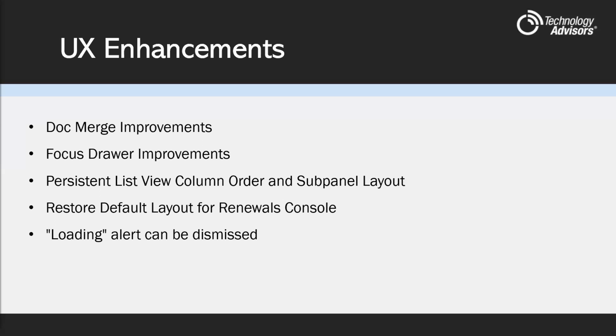We also now have persistent list view column order and subpanel layout. So a user can log into SugarCRM, and under the account detail view, for example, they can change the order of the subpanels there. They can also go to their account list view and change what order their fields in the list view are in.